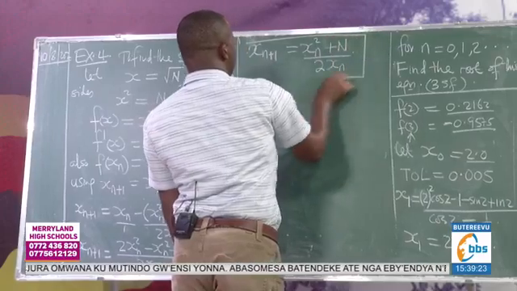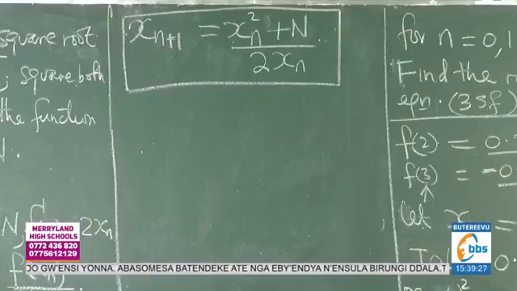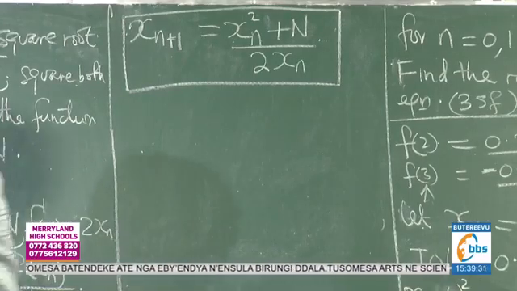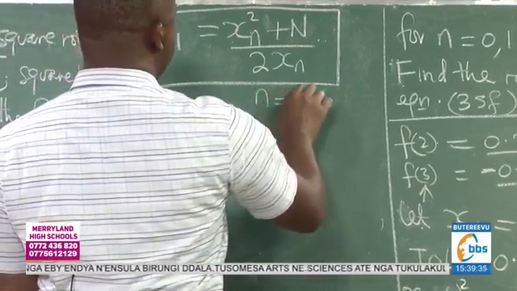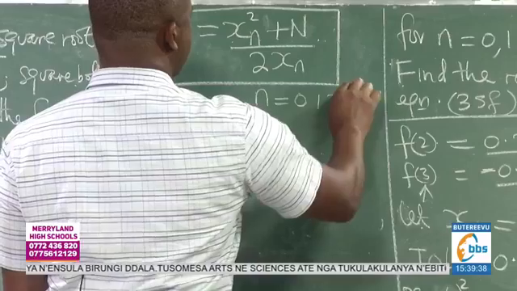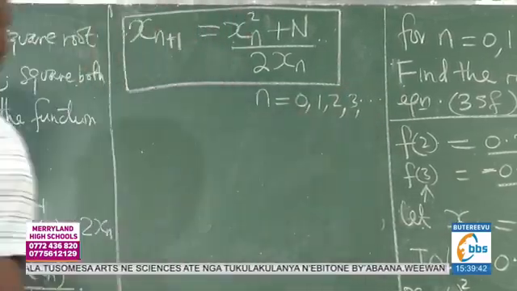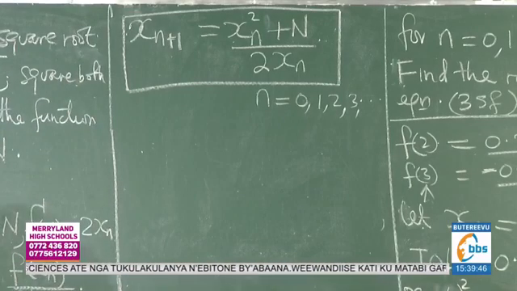This is the Newton Raphson formula that is expected to be obtained by the candidate. And remember to write that your n can take on n of these values when we begin looking at the approximations.